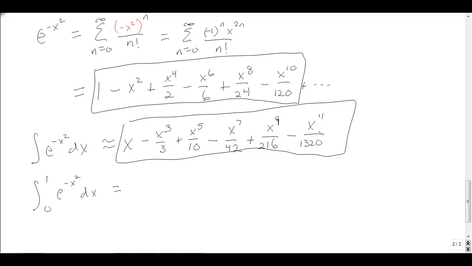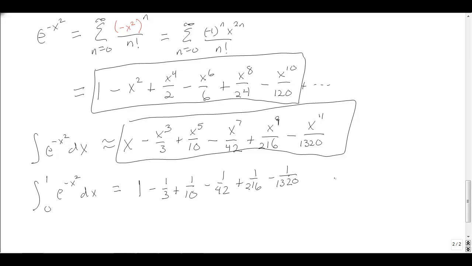When I plug in a 1 here, I get 1 minus 1 cubed, which is 1, over 3, plus 1/10 minus 1 over 42, plus 1 over 216, minus 1 over 1320. When you plug in 0, you get 0 for each term.